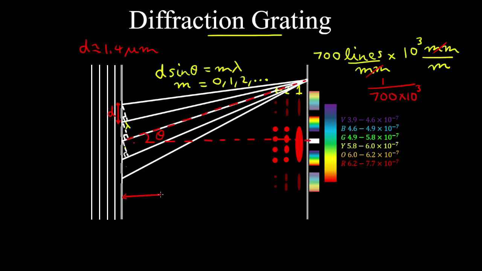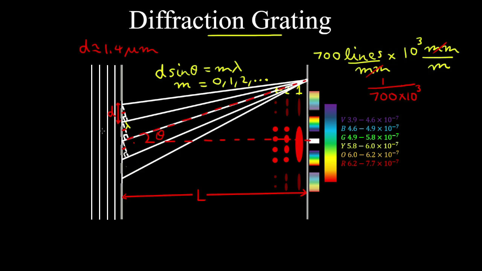And given that the distance to the screen is assumed to be much larger than the total distance between the openings, these angles are taken to be approximately equal to theta, because the light rays are assumed virtually parallel.